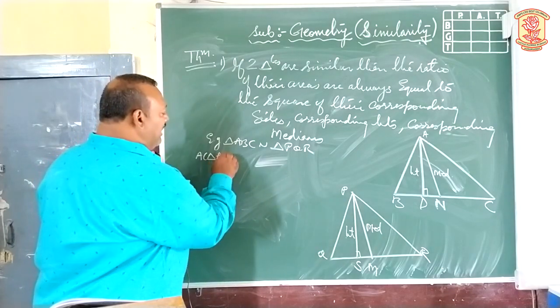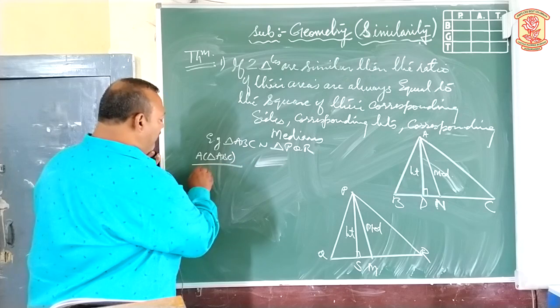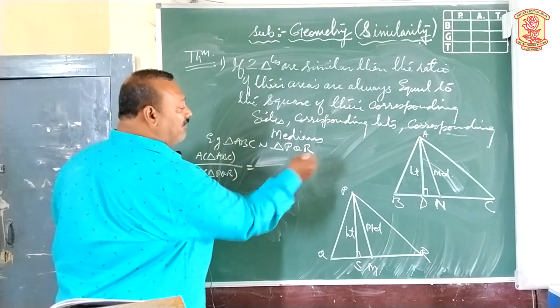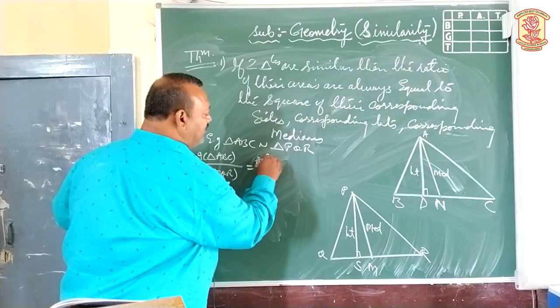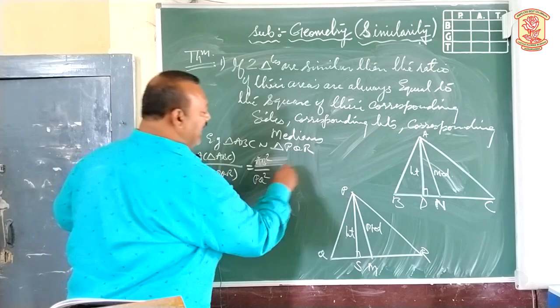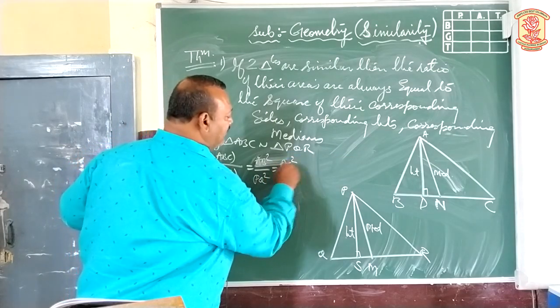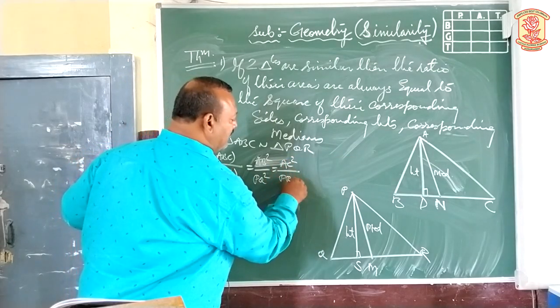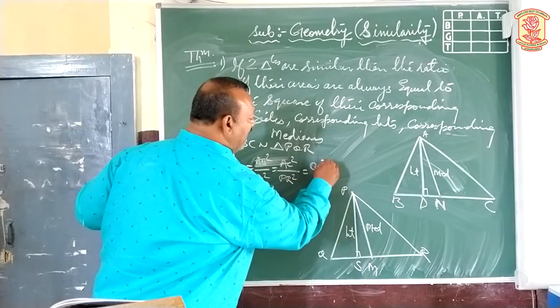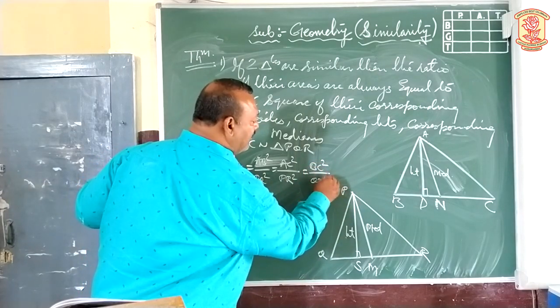For example, area of triangle ABC upon area of triangle PQR is equal to AB square upon PQ square, the corresponding side. Second, we can say AC square upon PR square. And third, BC square upon QR square.